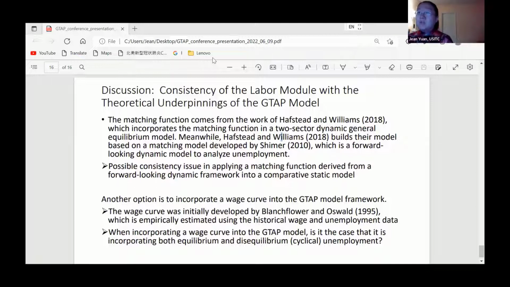And then we were trying to see, when we change this substitution elasticity for some sectors, how the results would differ. That is, we are making it more difficult for workers to move in and out of certain sectors. When we make those changes, we realize that the results do change a lot.